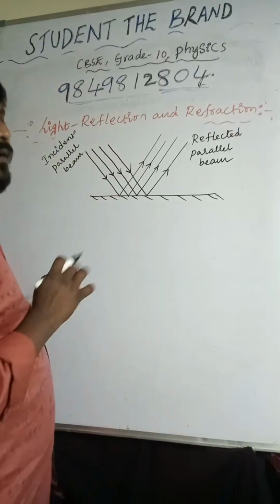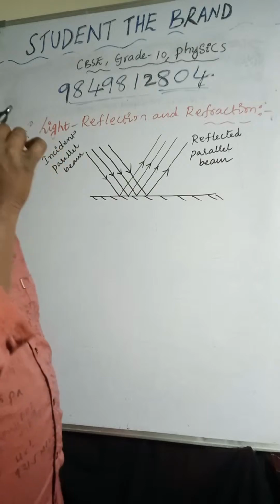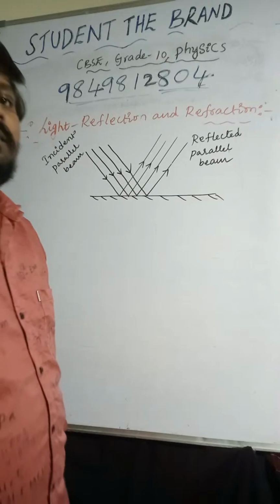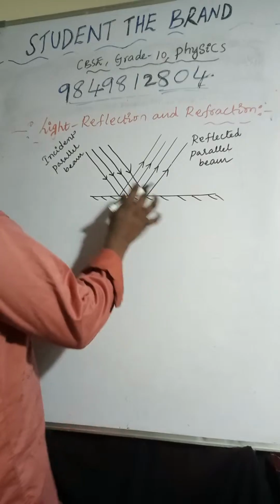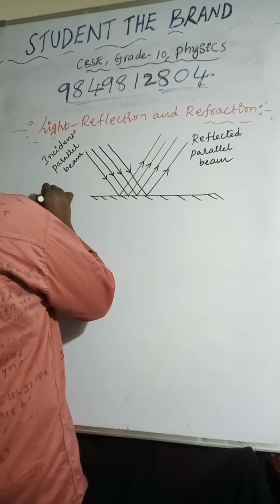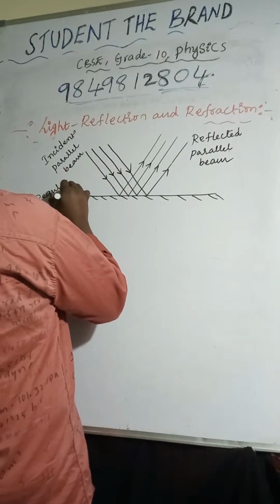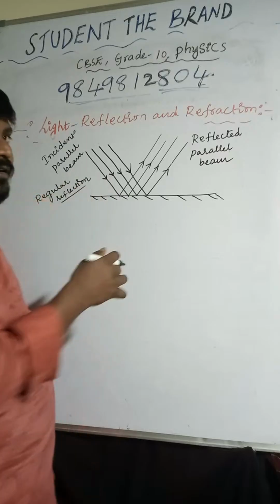Incident parallel beam and reflected parallel beam. Okay, so I hope it is very clear. This is called regular reflection. Coming to irregular reflection.